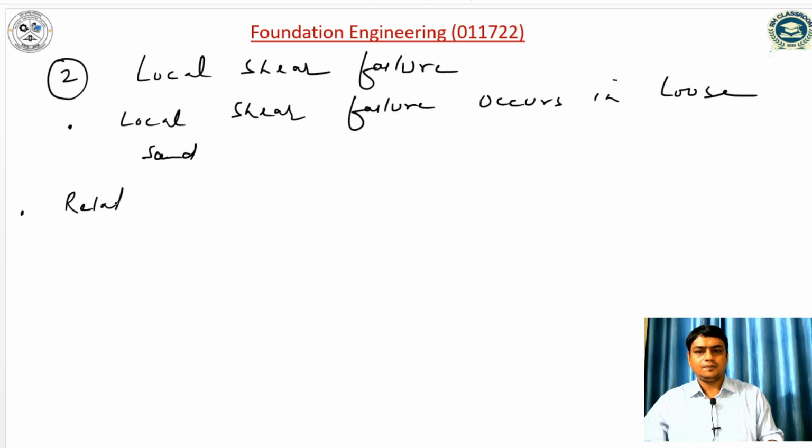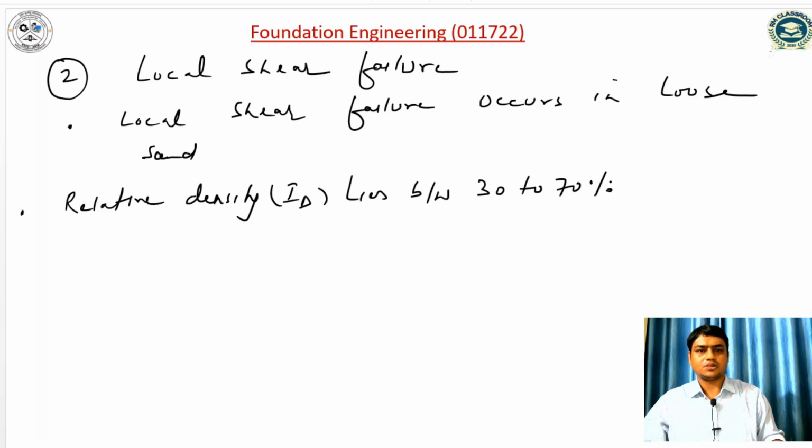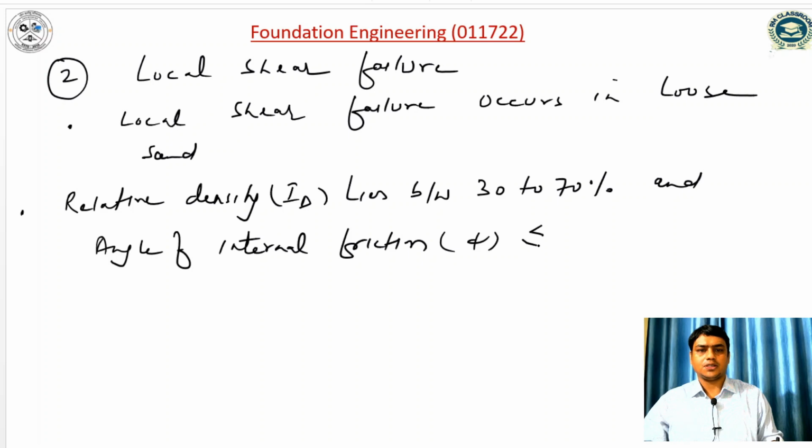Relative density or density index lies between 30 to 70%, and angle of internal friction phi is less than or equal to 29 degree.